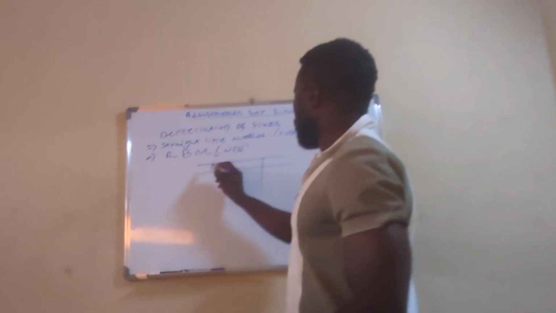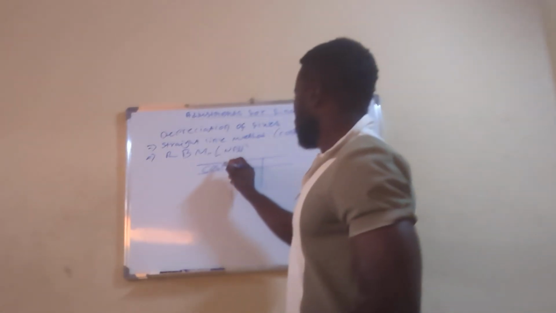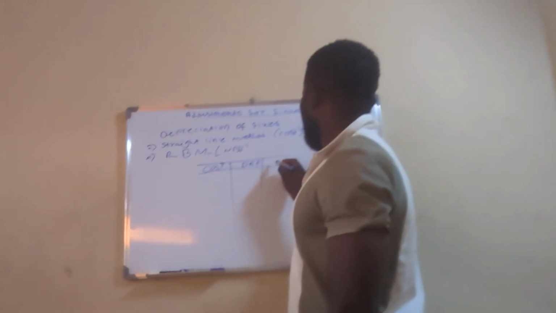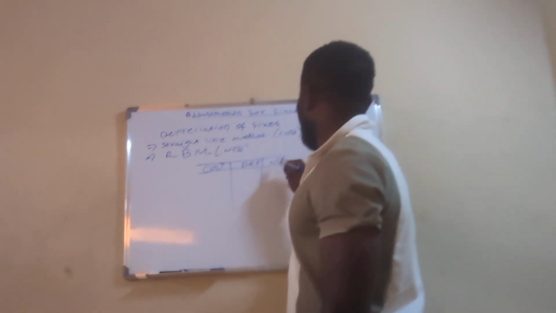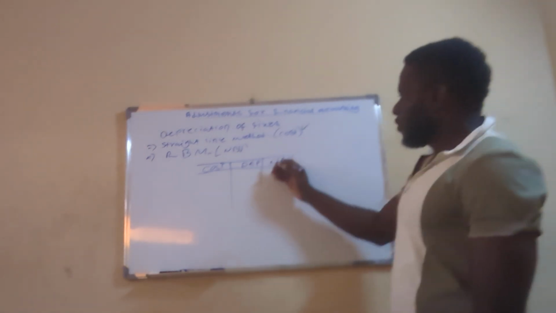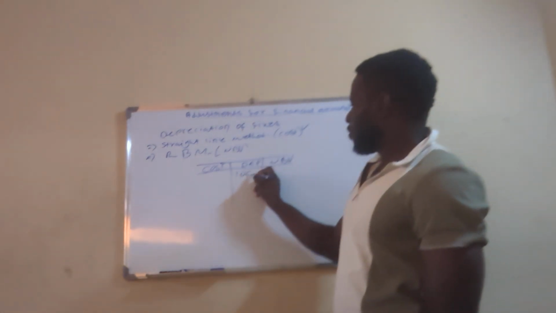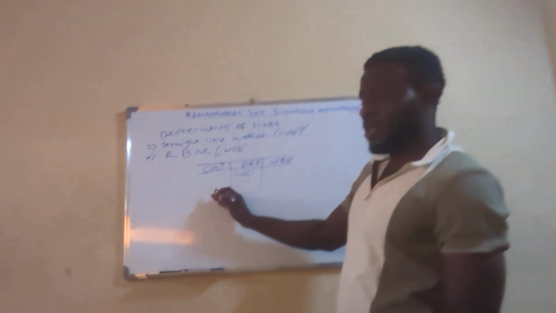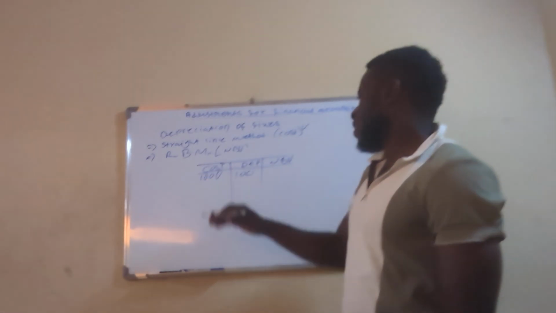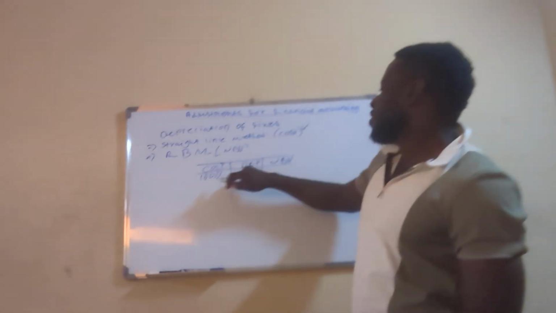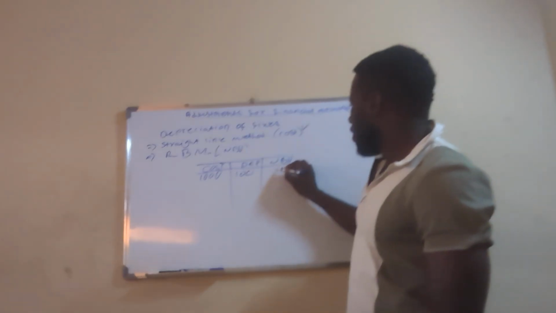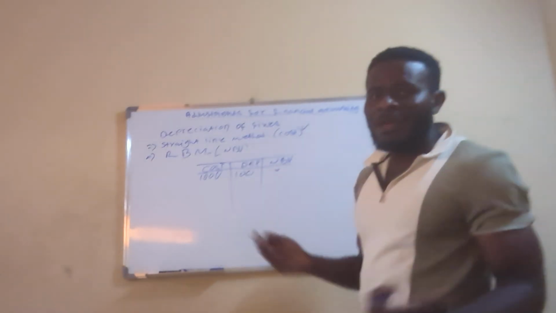So here we have the cost, the depreciation, and the net book value. In this case, our amount for depreciation was what? 100. This is the balance sheet now. And here the cost was what? 1,000. Once you subtract this, whatever you have here will be your net book value.